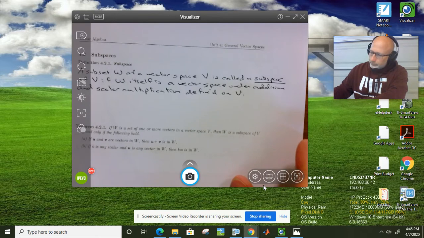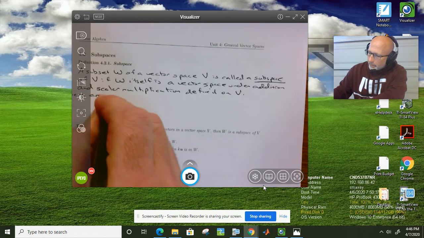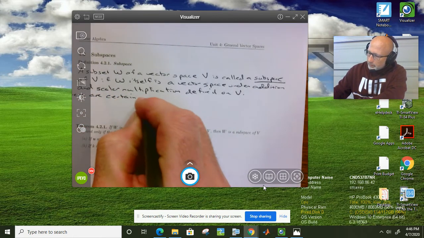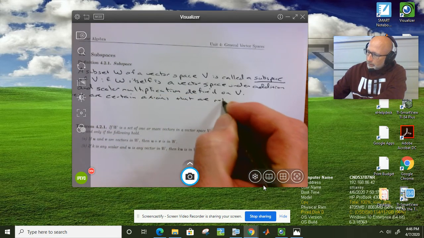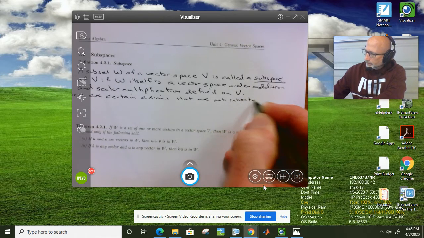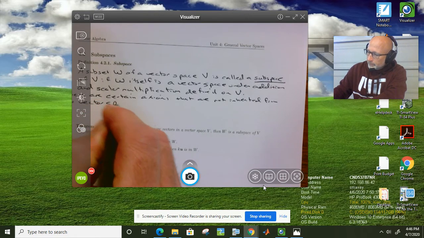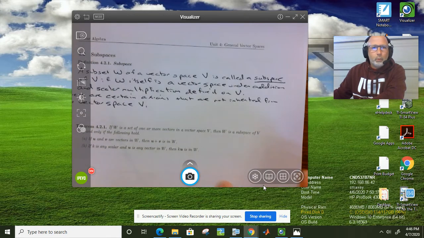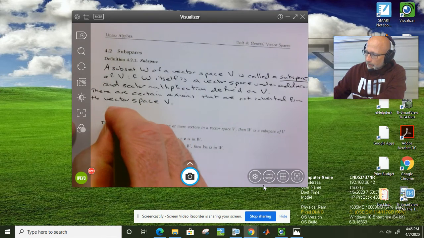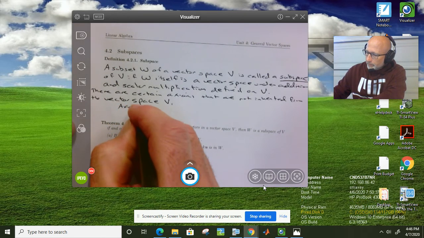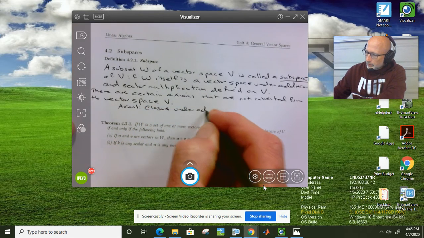Okay, so there are certain axioms that are not inherited from the vector space V. Okay, so what would these be? One, closure under addition. So axiom one, closure under addition.